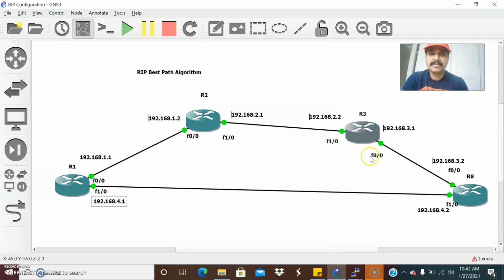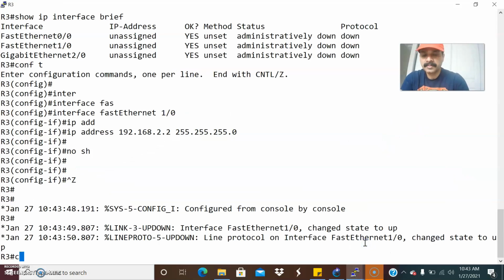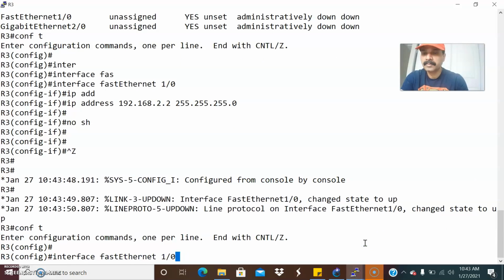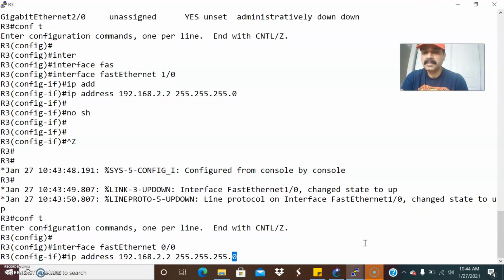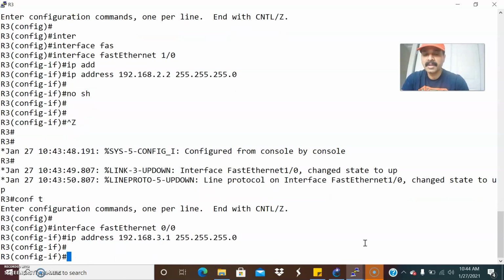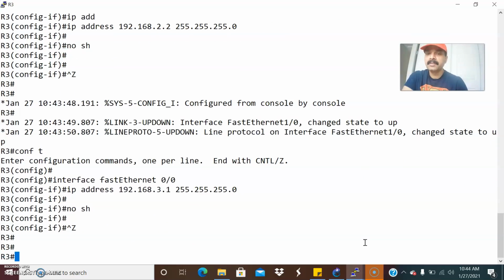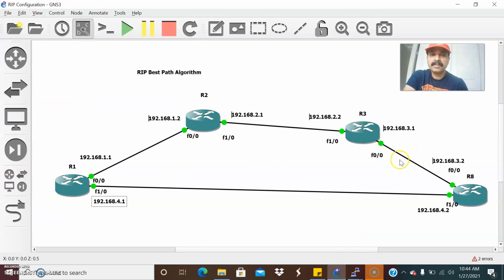Another one is FastEthernet 0/0, and the IP address is 3.1, and let us activate the interface. So we are done with R3 also.